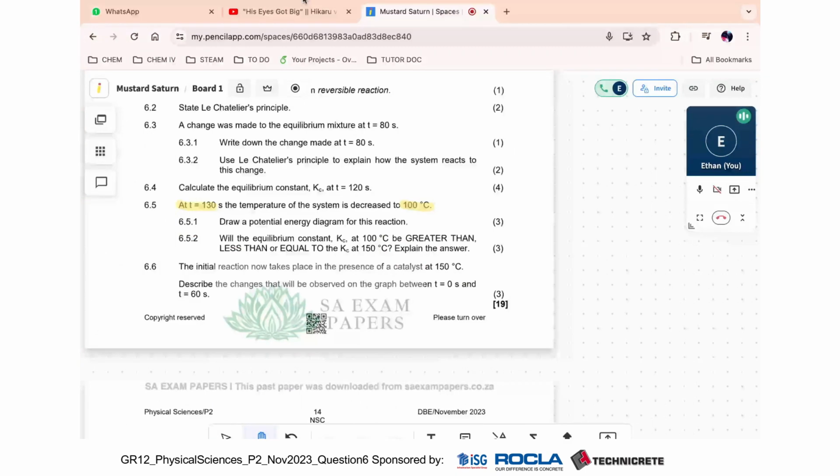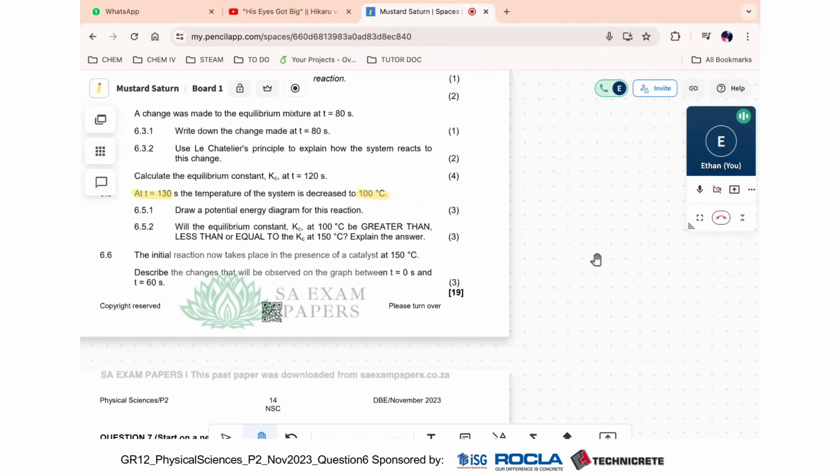Now, this is a bit of a tricky question. You really got to think about this. And the first thing is that they don't tell us that the catalyst favors either the forward or the reverse reaction. So when they don't tell you that, it's best to assume that the catalyst will work both ways.